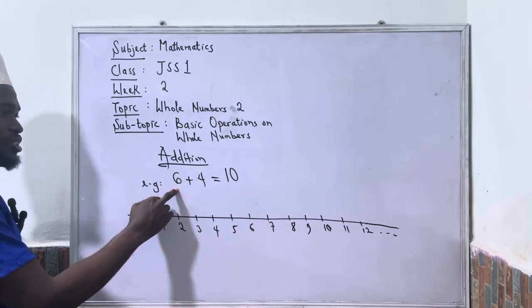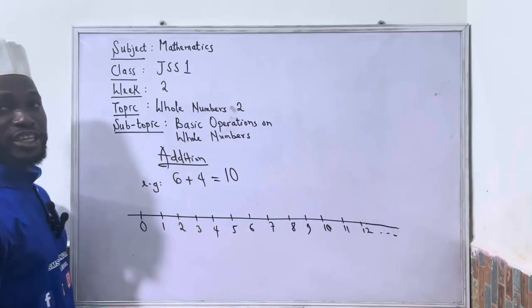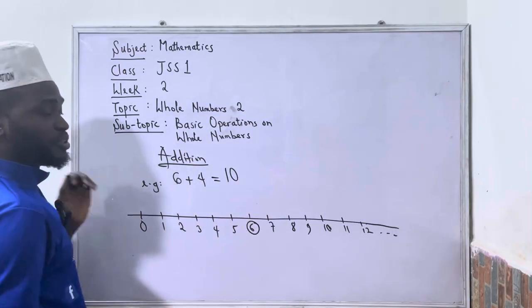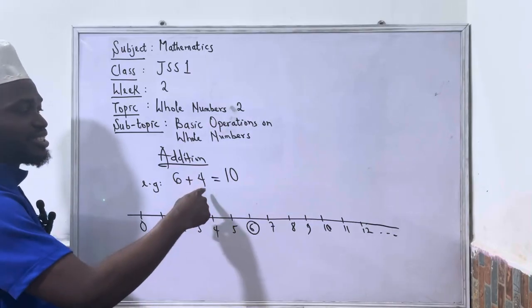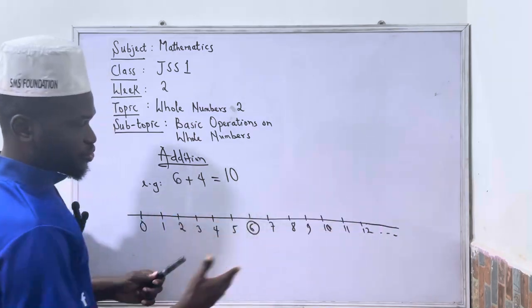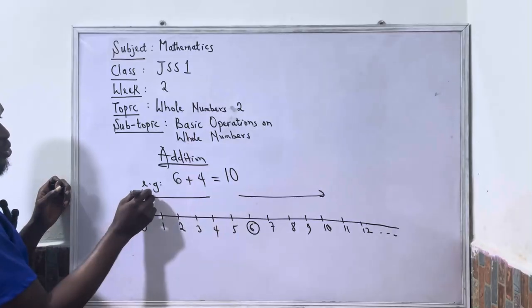For this 6 plus 4, I need to first locate 6, which is the starting point. Then I will increase it by 4 units. Let's take 4 steps forward. If you are adding, you go this direction, but if you are subtracting, you go this direction.